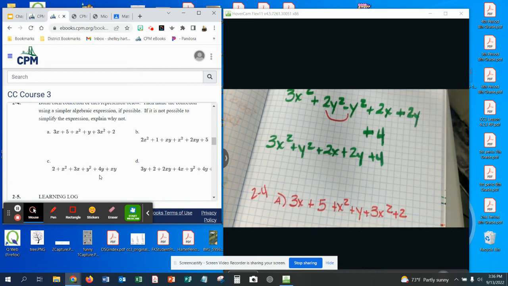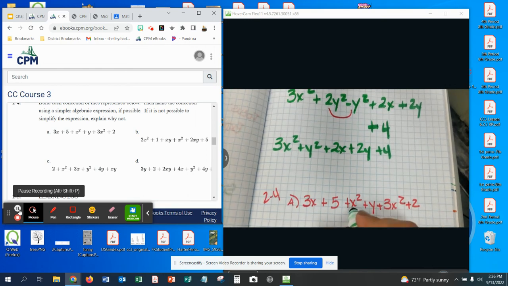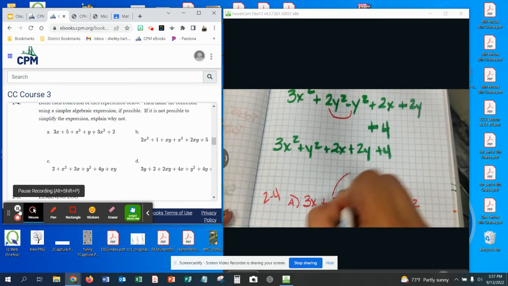Now, let's look and see if we have any like terms. So I'm going to underline the like terms in green. This is a like term and this is a like term. And then I'm actually going to connect this 5 and this 2.